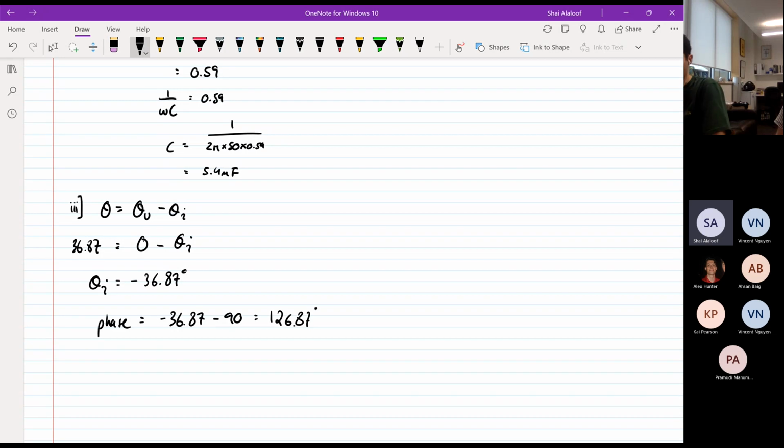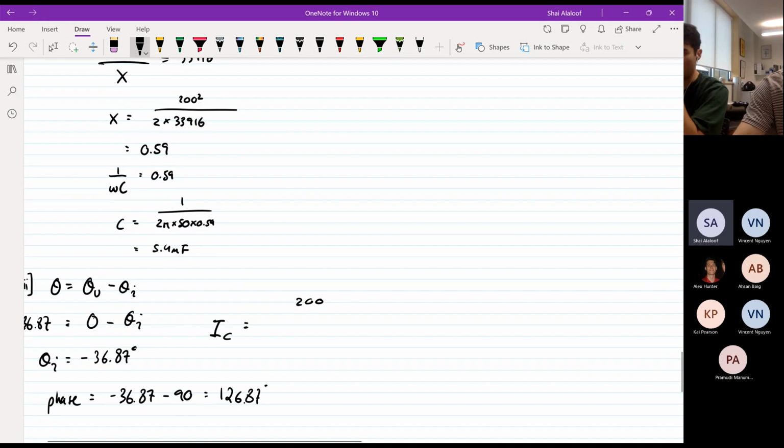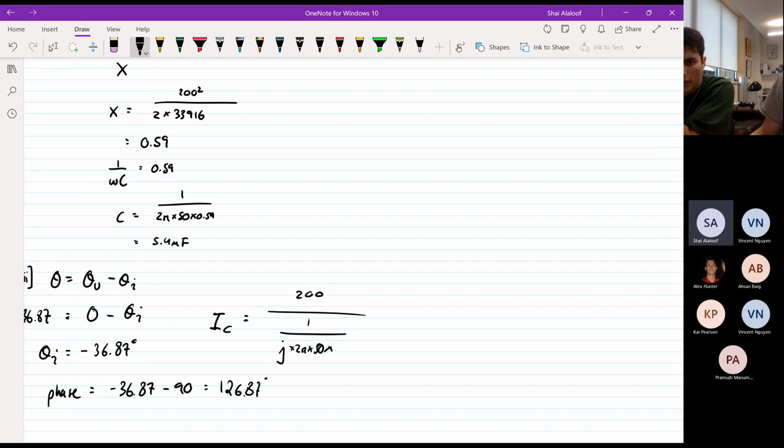It doesn't matter if you leave the minus sign or not. If you're still not satisfied with that, you can also calculate the capacitor current: IC is V over the impedance of the capacitor. When doing power factor correction, we assume the voltage doesn't change, so it stays at 200. So 200 over 1 on j omega, which is 2 times 50.